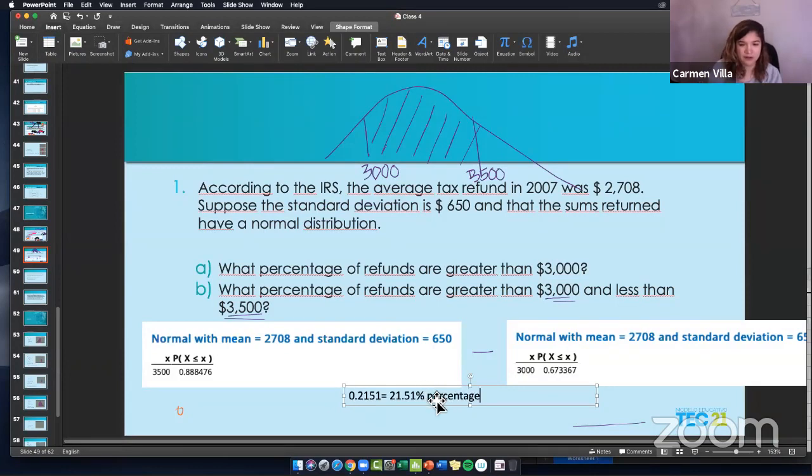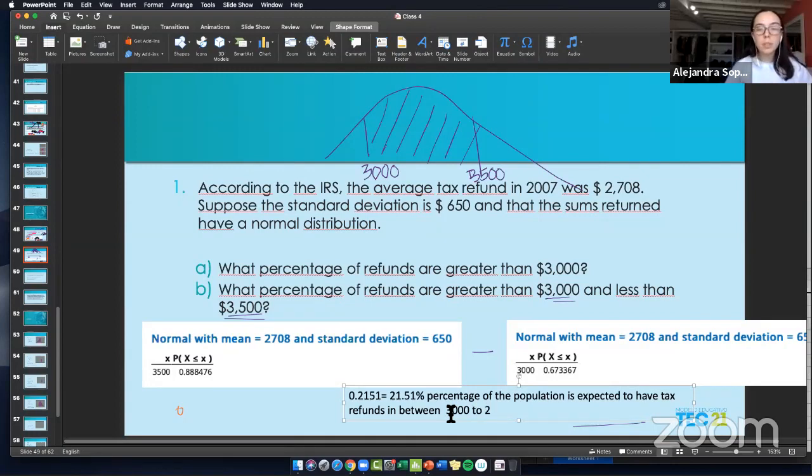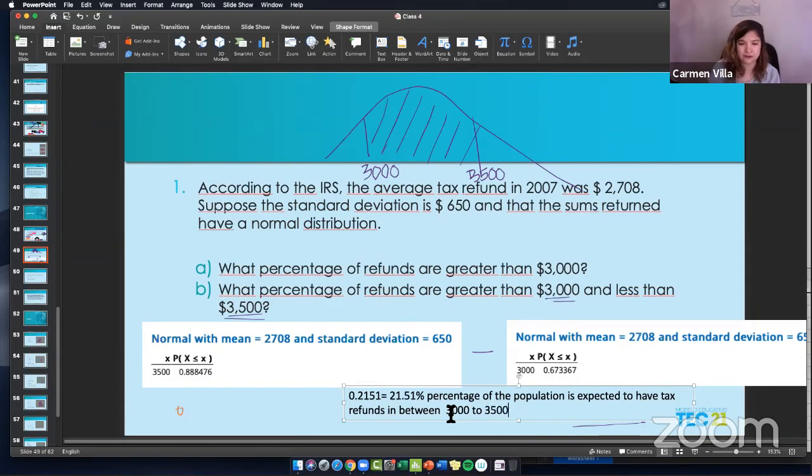Percentage of the population is expected to have tax refunds in between how much? In between 3,500 and 3,000. From in between 3,000 to $3,500, right?